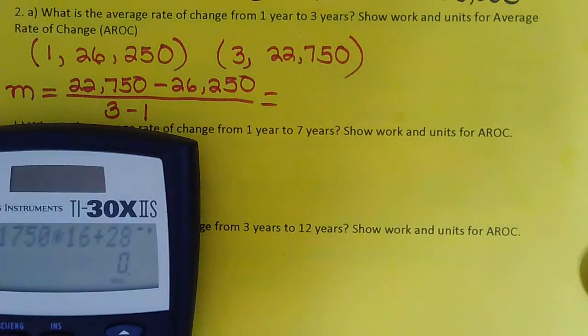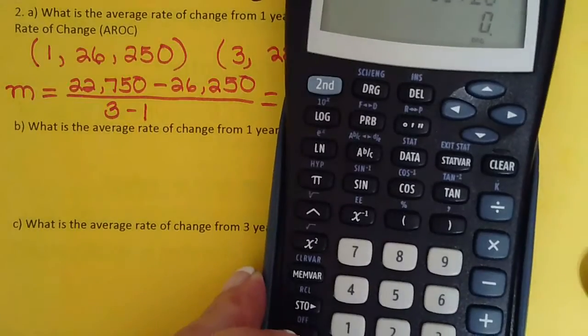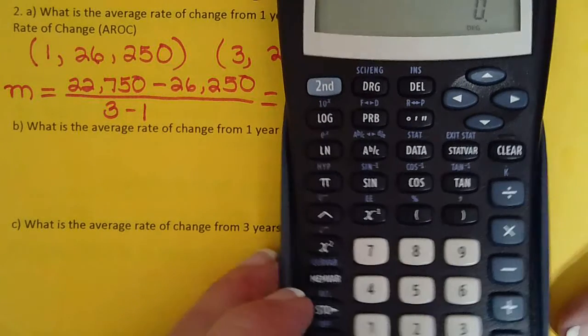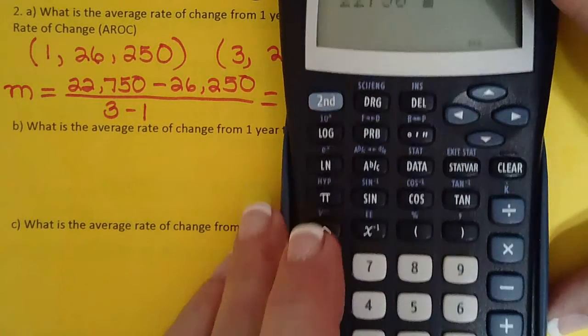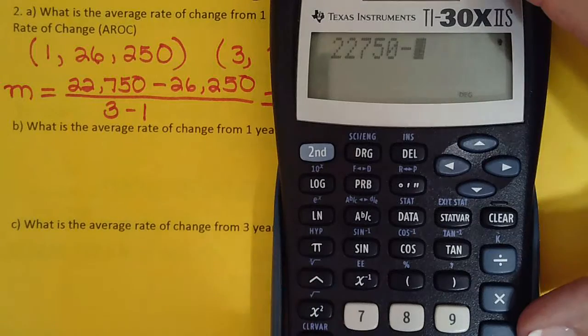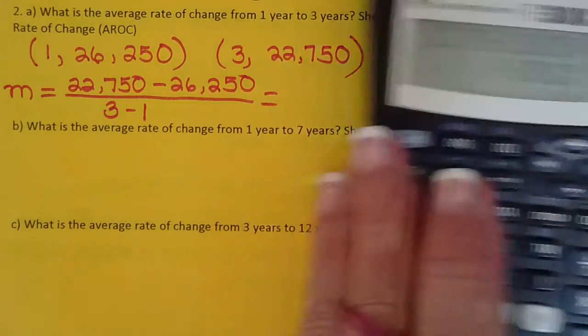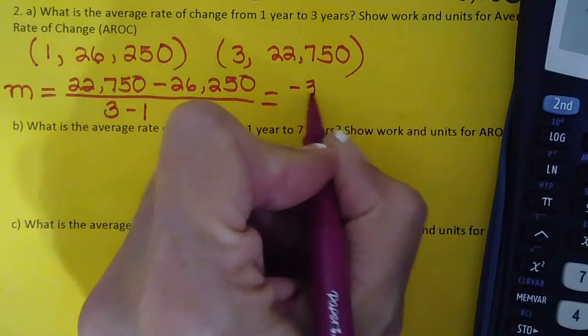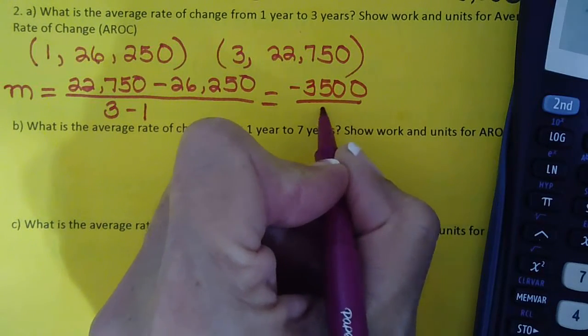And when we calculate it, we have 22,750 minus 26,250, and we get negative 3,500 over 2.